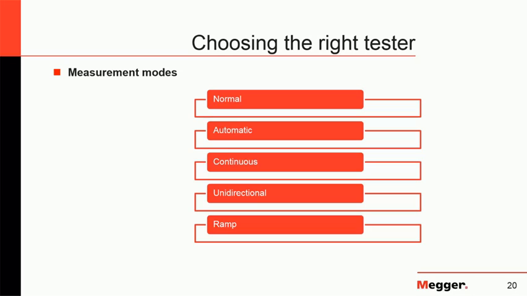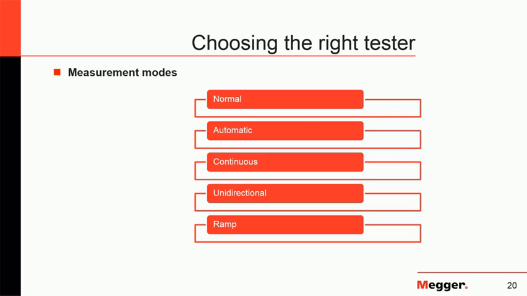The automatic mode is used in conjunction with spring-loaded leads that will sense a closed loop to automatically take the reading, and this mode also will inject the current in both directions. It is particularly useful when making multiple quick measurements, like when testing strap resistance in a battery system.